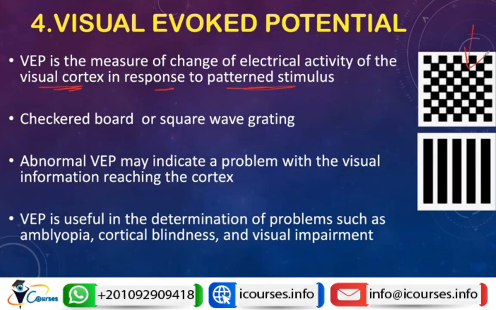This pattern stimulus can be an alternating checkerboard or a square wave grating. Grating means that there will be alternating dark and white bands. So if the VEP is abnormal, it means abnormal vision, and it can be used for other purposes, not only for children, but for amblyopia, cortical blindness, malingering, and others.